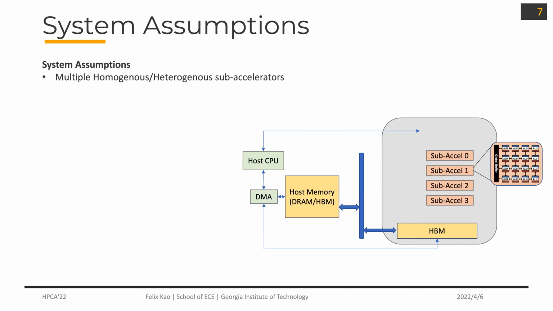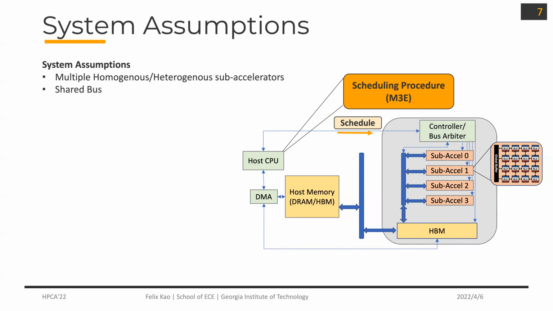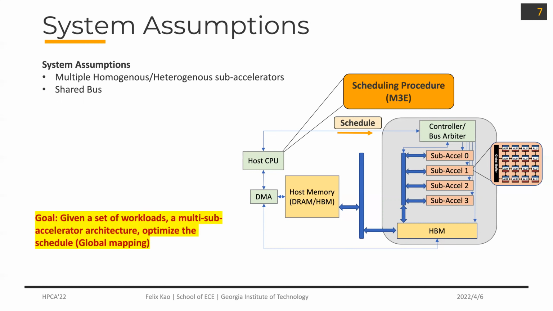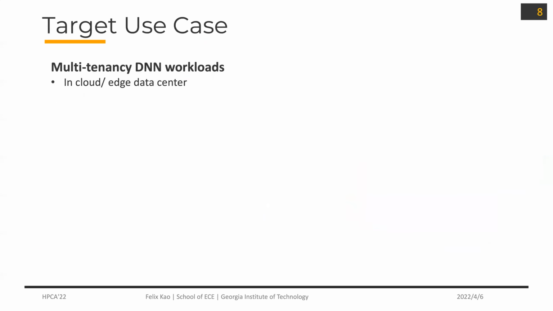Each sub-accelerator will fetch the workload from the HBM via the shared system bus bandwidth, which is limited. To optimize the performance of the accelerator, we will run a schedule optimization process and send a scheduling strategy to the controller in the accelerator.